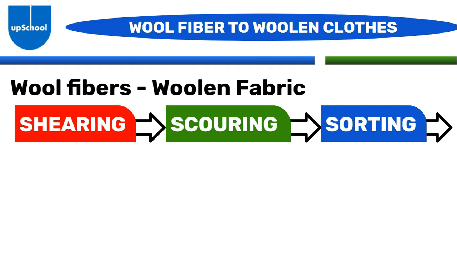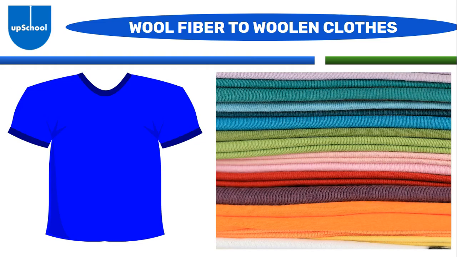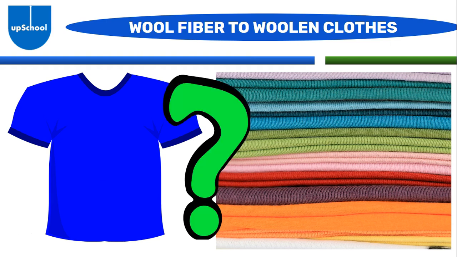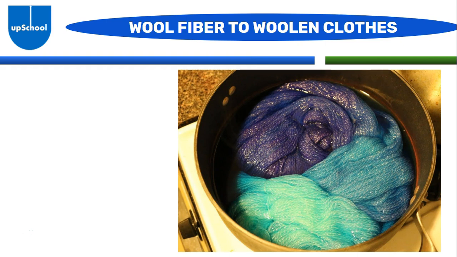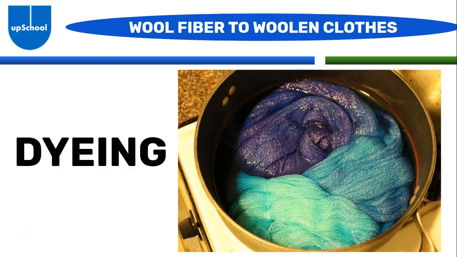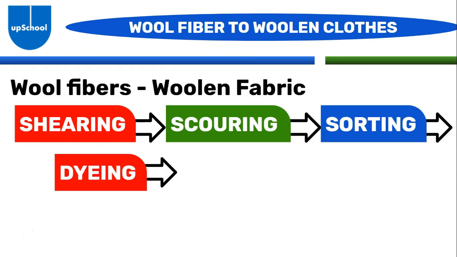So now how do we turn these wool fibers into our goal, the woolen fabric? Well, obviously your clothes have different colors. How do they get different colors? Well, these woolen fibers are dyed in different colors. This process is called dyeing. Basically, you just take all these wool fibers and you make them a different color.